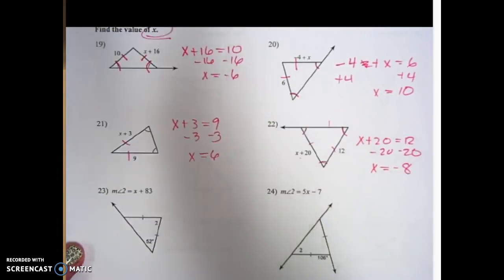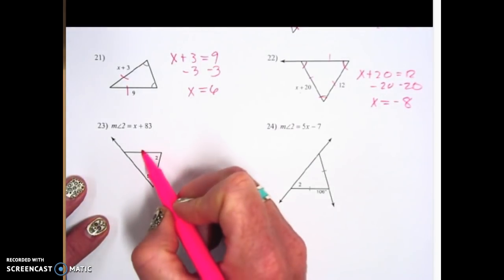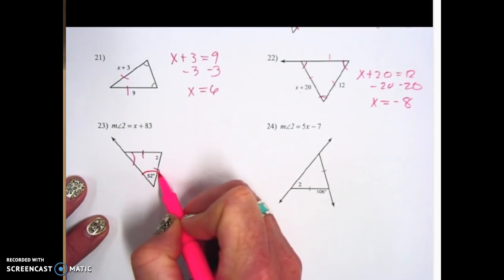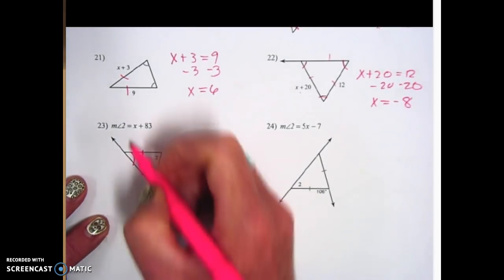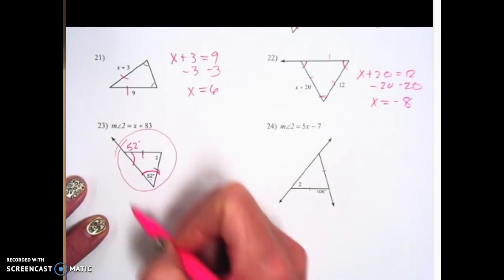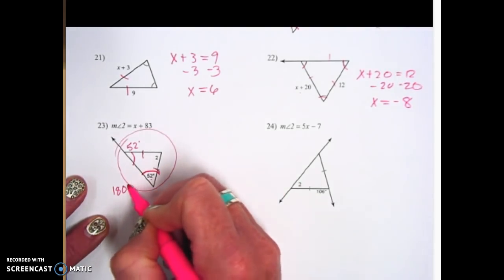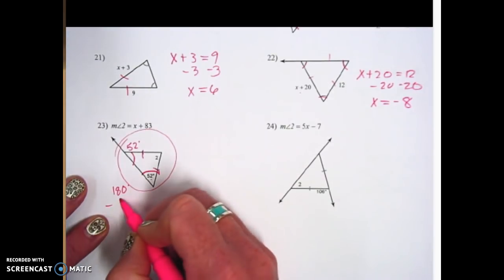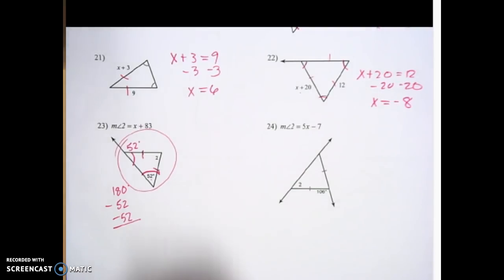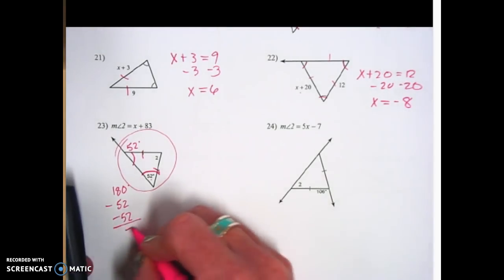Number 23, we have these two sides marked congruent, which means the two base angles that are opposite them are congruent. So if this one's 52, then this one is also 52. We know that the total degrees in a triangle is 180. So if we start with 180, we subtract 52, we subtract 52, we get, what do we get? 180 minus 52, 76.